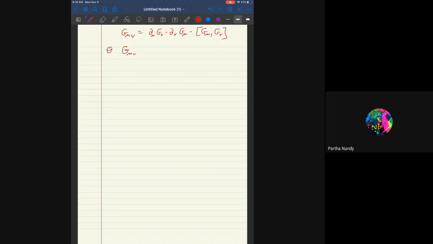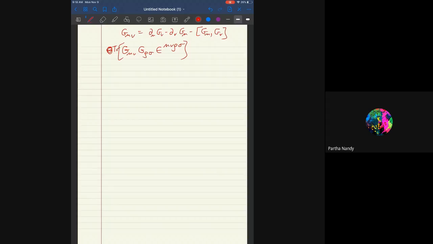Then you can form a term in the Lagrangian which looks like G mu nu G rho sigma contracted with the totally antisymmetric tensor epsilon mu nu rho sigma, and then take the trace. This is both Lorentz invariant and gauge invariant, so you can put an arbitrary coefficient theta in front of it and add it to the action.